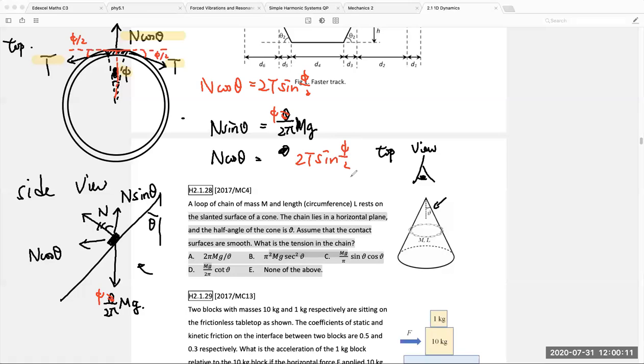And then actually you need to use an approximation. What does this approximation mean? It means that you need to cut it into a very small angle. So in terms of a small angle, sine phi will be roughly equal to phi. So this one will be equal to T times phi. Okay, so if no question, can you find the answer?